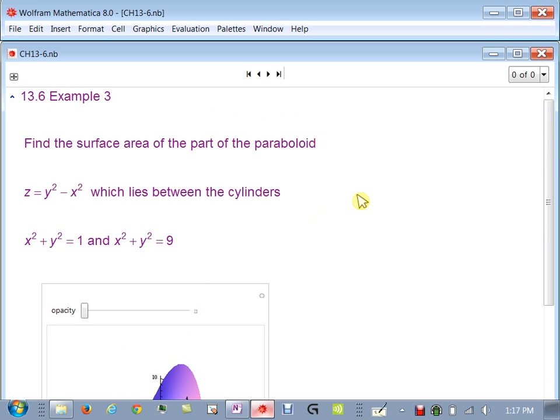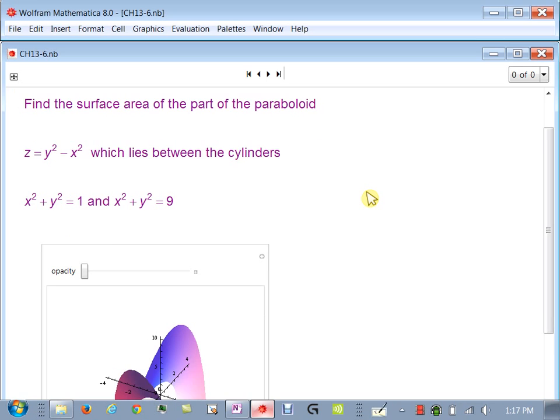Find the surface area of the part of the paraboloid z equals y squared minus x squared, which lies between the cylinders x squared plus y squared equals 1 and x squared plus y squared equals 9. Without a picture, it might be difficult to understand what's going on here. But we have a surface, the paraboloid, and that paraboloid is being cut by 2 cylinders.